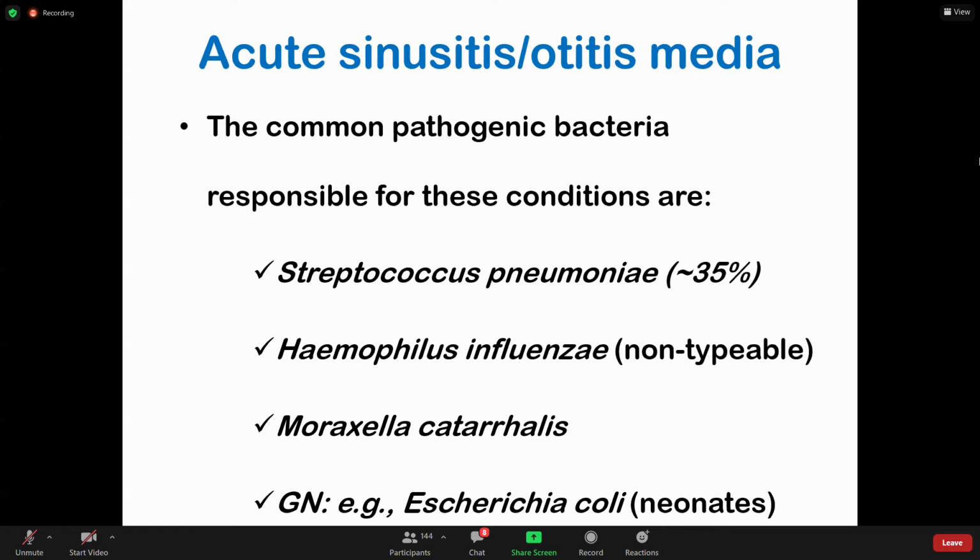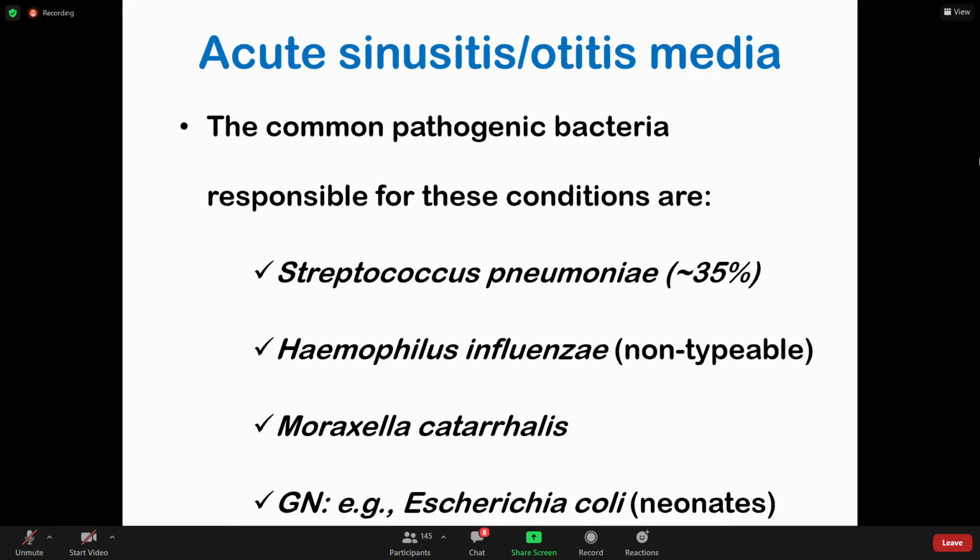Remember that with the encapsulated strain of this organism, we can use the capsule to type them from A to F. But when they are not encapsulated, we cannot type them. And these are the forms that are less invasive. So they tend to cause mucosal infection, particularly infections of the sinuses and the middle ear.